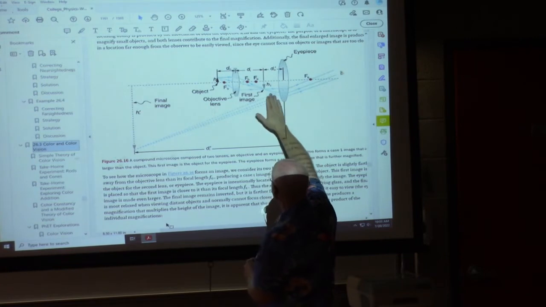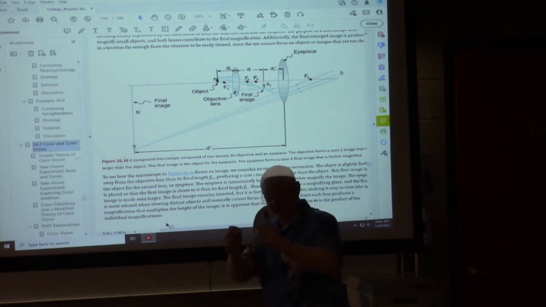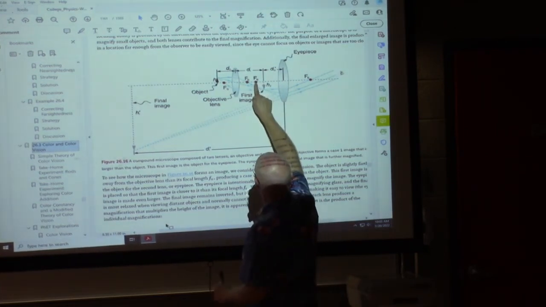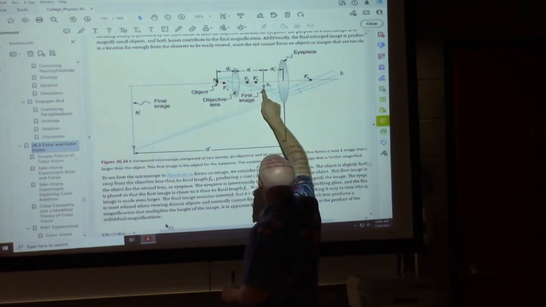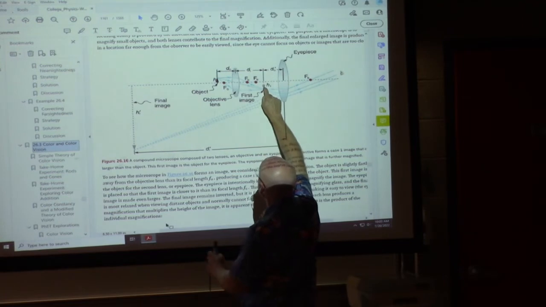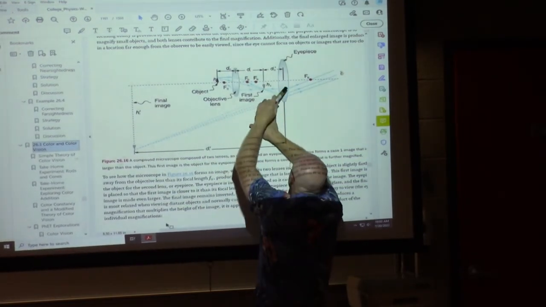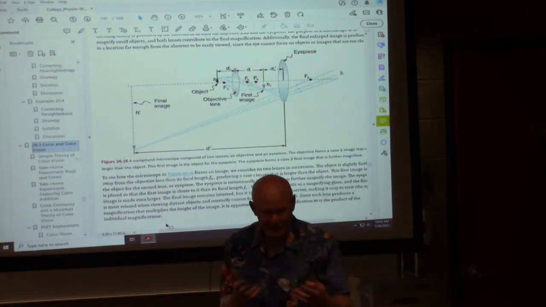So then the eyepiece, you're going to take the image from the first one, which now becomes the object for the second lens. And so what this is saying is here's the focal length of the eyepiece, and notice then that this, which is the image from the first lens, which I'm now going to call the object for the second lens, is inside of the focal length. That's what we call case number 2.